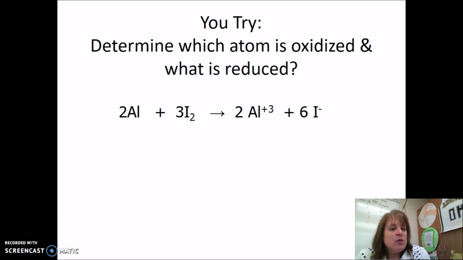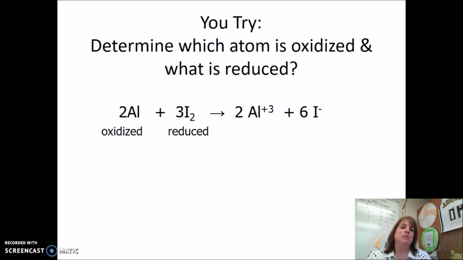So iodine also starts out as a neutral, so a charge of 0. It's becoming a charge of minus 1. So it must be gaining electrons because it's becoming more negative or less positive. And if we gain electrons, we're reduced. So if you said aluminum is being oxidized and the iodine is being reduced, you are correct.